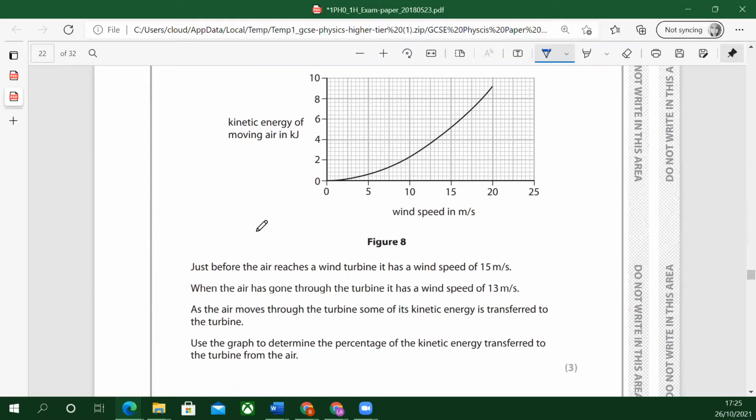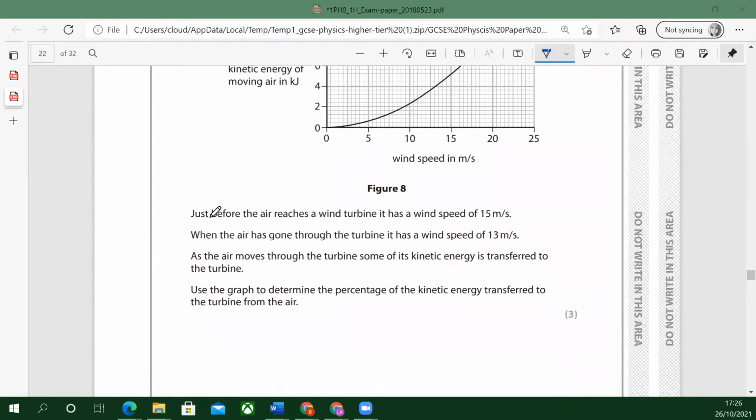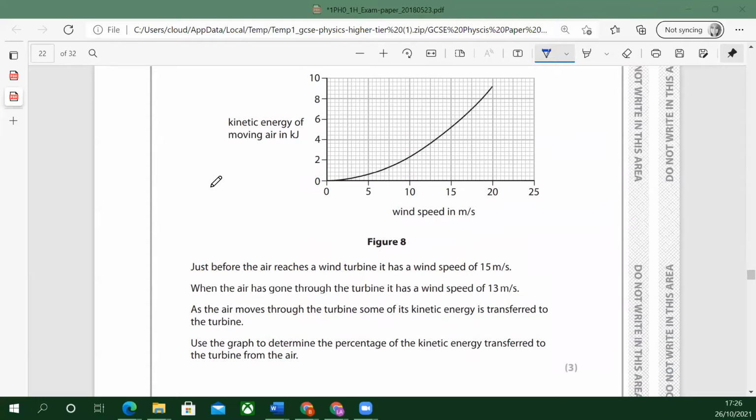When the air has gone through the turbine, it has a wind speed of 30 meters per second. As the air moves through the turbine, some of its kinetic energy is transferred to the turbine. Use the graph to determine the percentage of the kinetic energy transferred to the turbine from the air.